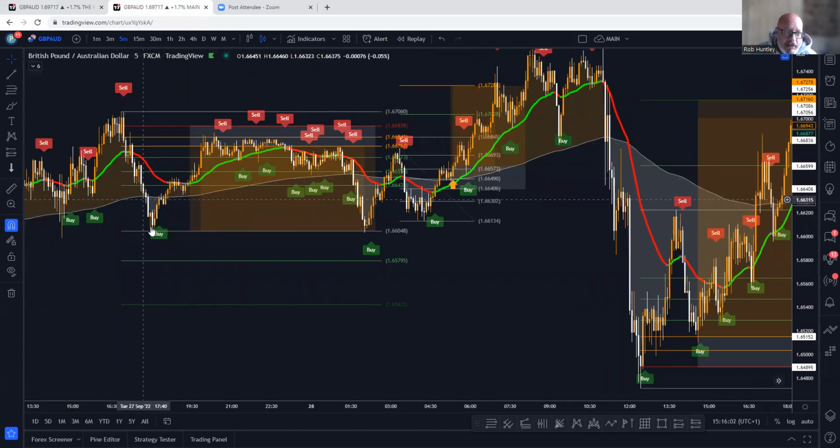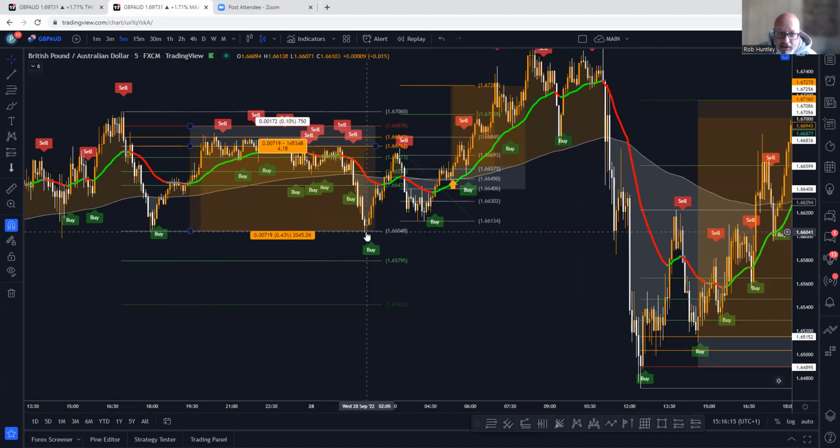From the high to the low there, wait for it to come up into this orange zone here, and then I placed a sell, and I had set the target at that same level, and it just nudged through there. I don't think it closed, this was overnight because it was 2 o'clock in the morning, but my trailing stop took that up again.